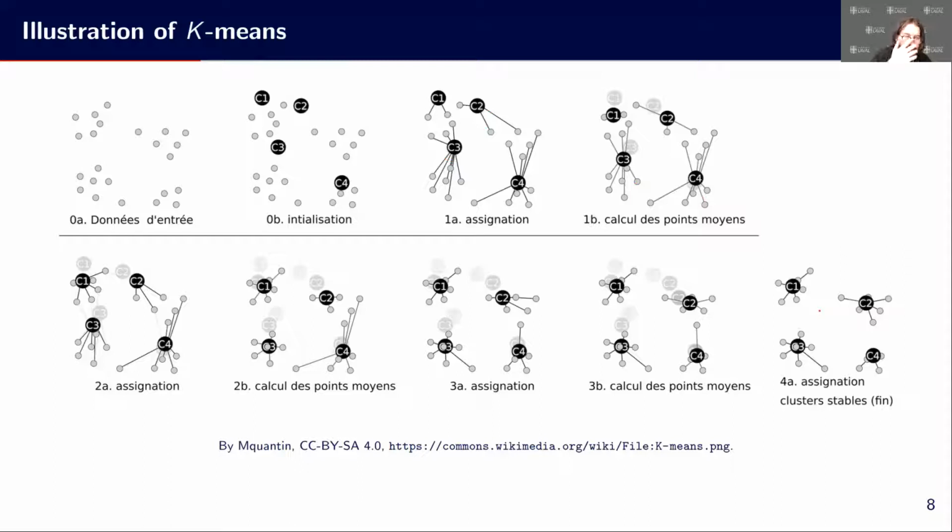Now, if we go to the next step, same thing, we are reassigning and reevaluating the mean points. You see that still things are moving. The assignment is changing somehow because, for example, with C4, we see that this sample here has been reassigned from C4 to C2. That means that C4 will move down and C2 will also move a little down, and so on.